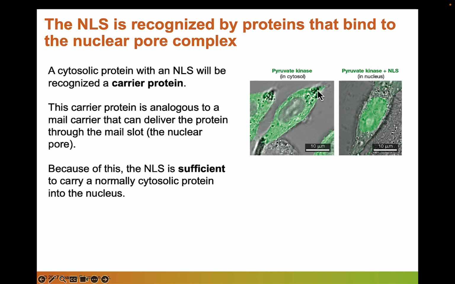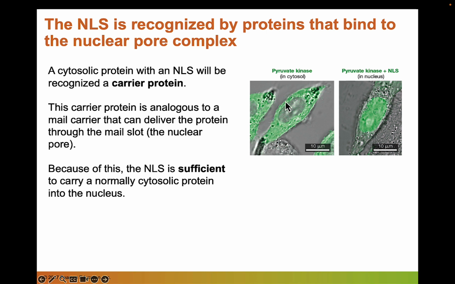Here we have pyruvate kinase. So this is a cytosolic enzyme used in glycolysis. And this pyruvate kinase is tagged to a green fluorescent protein. So we can look at this under a microscope by looking for green. So anywhere there's green, that's pyruvate kinase. And when we attach the amino acid sequence for the nuclear localization signal to pyruvate kinase, and we put that pyruvate kinase into cells, what happens?